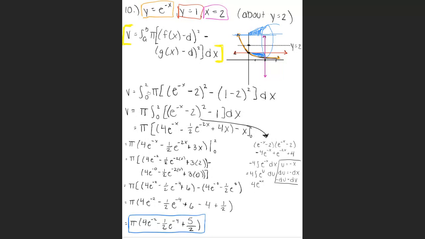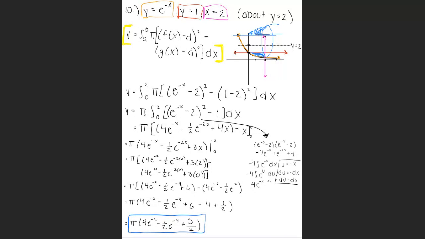Yeah. So I represented the interval from 0 to 2, since this is up to x equals 2, the last function in pink. So the outer function would be e to the power of negative x minus 2, because 2 is what represents d, and then the upper function would be 1 minus 2 squared. So then I just simplified this part below, and then right after that I found the antiderivative.